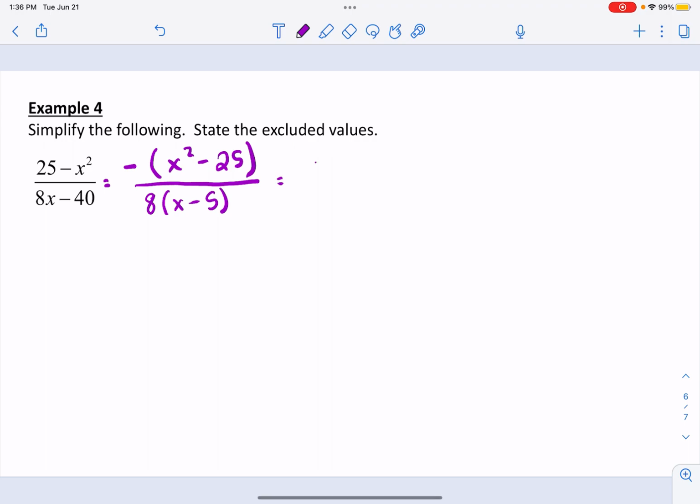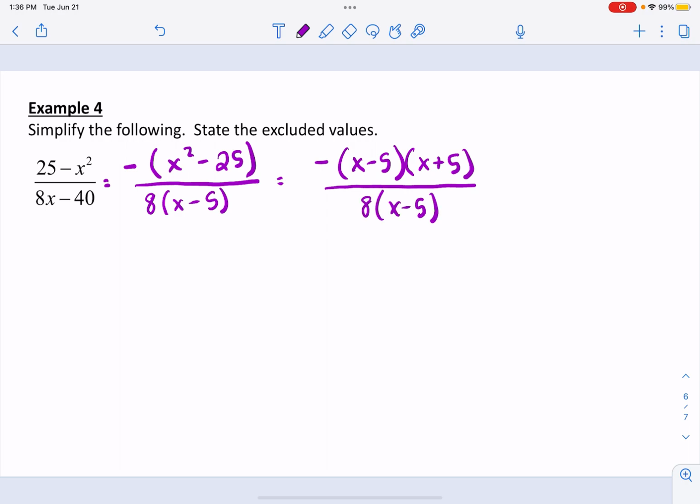Now continue factoring. On the top, I have a difference of two squares. So that factors to x minus 5, x plus 5 over 8 times x minus 5. Now, the x minus 5's cancel. So I basically have a negative x plus 5 over 8.